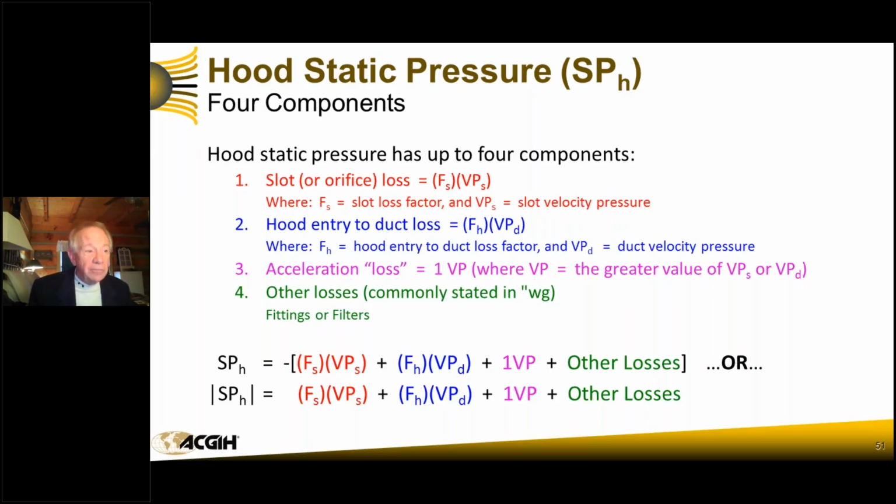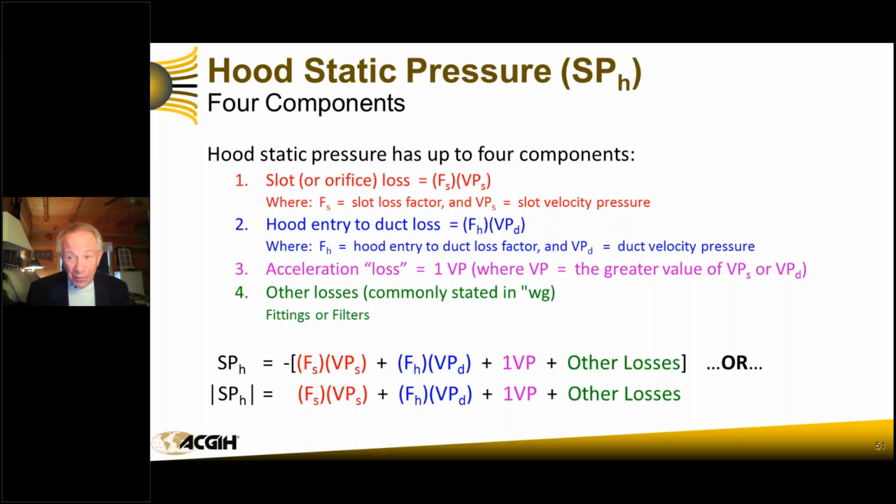We can call it vacuum. You can call it suction if you want. I'm going to call it negative static pressure of our hood. But what it is, is the static pressure or energy required to overcome and compensate for the aerodynamic losses in the slot, at the acceleration point up to full duct velocity, plus 1 velocity pressure for acceleration loss. Don't forget that acceleration loss.